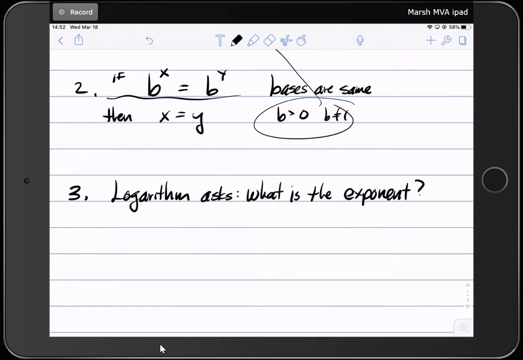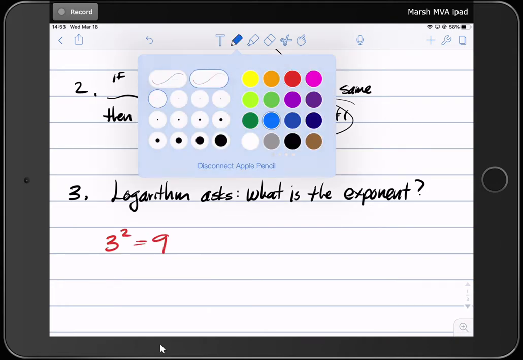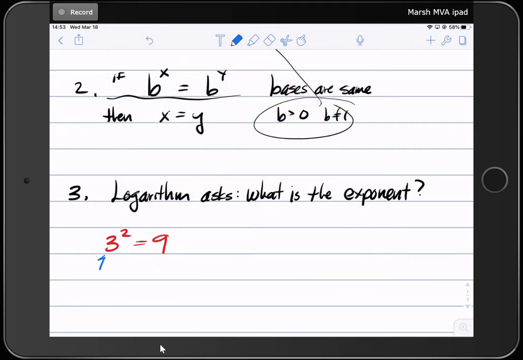So the answer to a logarithm is going to be an exponent. So recall a long time ago you learned that 3 squared was equal to 9. We have to now have names for all of these things. So the 3 is easy, that's the base. The 2 is called the exponent. And 9 then is the power.